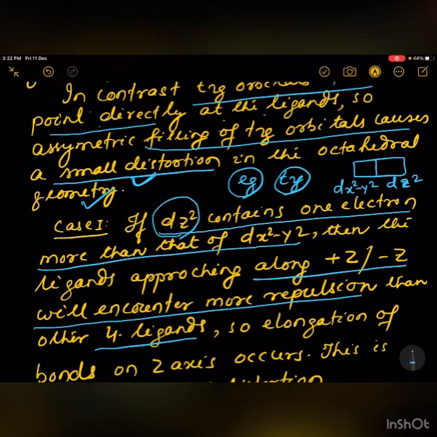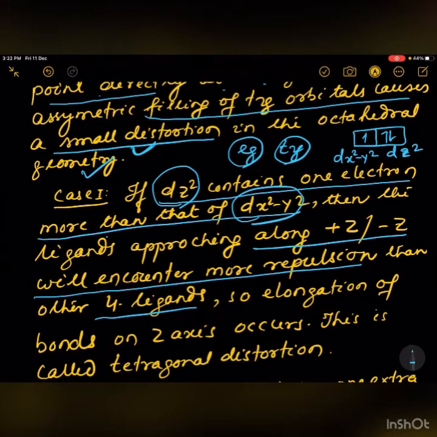If dz square contains 1 electron more than dx square minus y square, then the ligands approaching along the z-axis, plus z and minus z, with this being the central metal ion, and this is plus Z and this is minus Z.